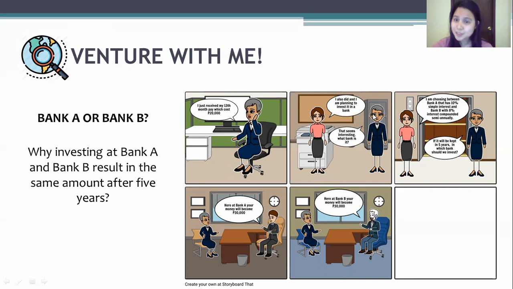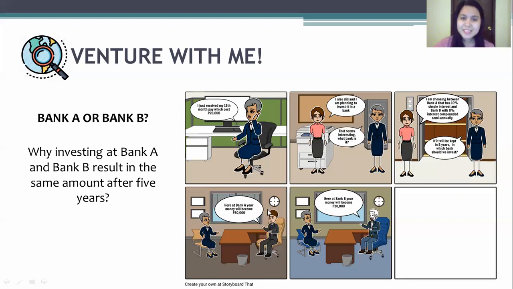"That seems interesting. What bank is it?" "I am choosing between Bank A that has 10% simple interest and Bank B with 8% interest compounded semi-annually." The other one said, "If I will keep it for 5 years, in which bank should I invest?"